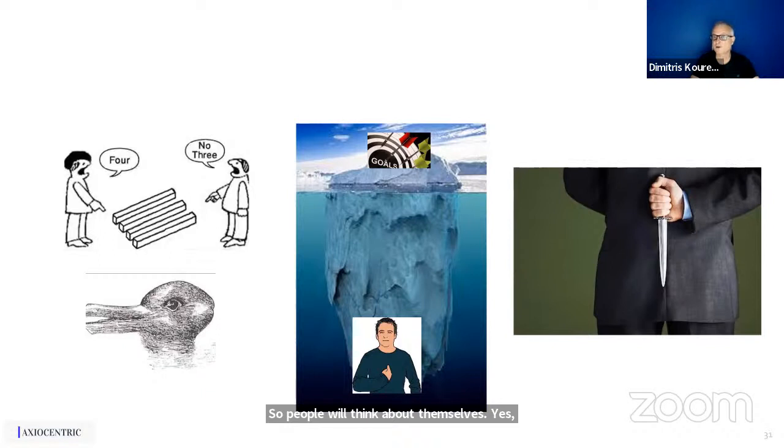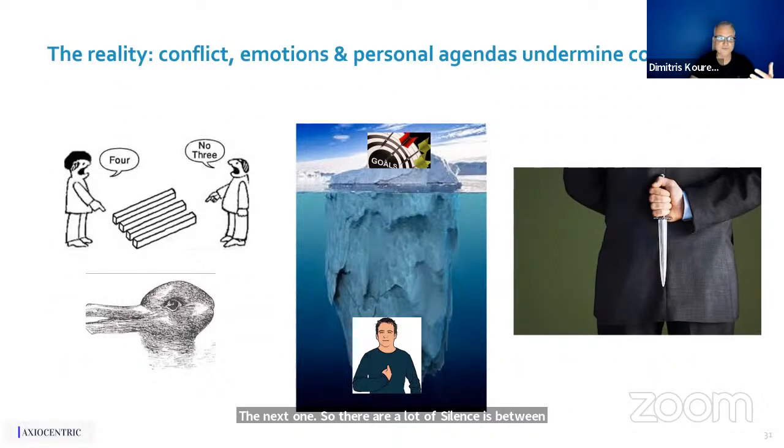And of course, there is a lot of politics in every organization, even smaller organizations, because all the different managers, vice presidents, presidents, they want to kill the person next to them so that they can get promoted next. So there are a lot of challenges between humans in organizations. This is the reality. This is the big challenge of transformation.